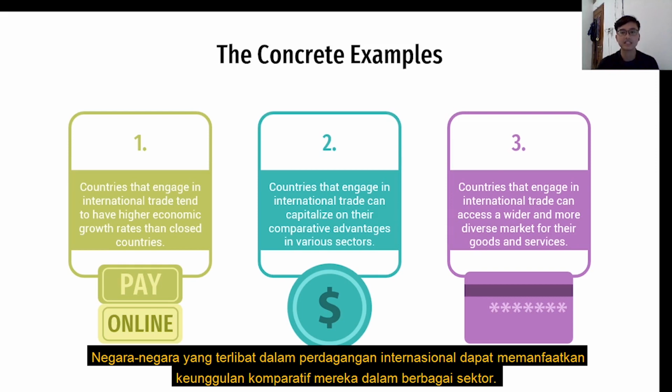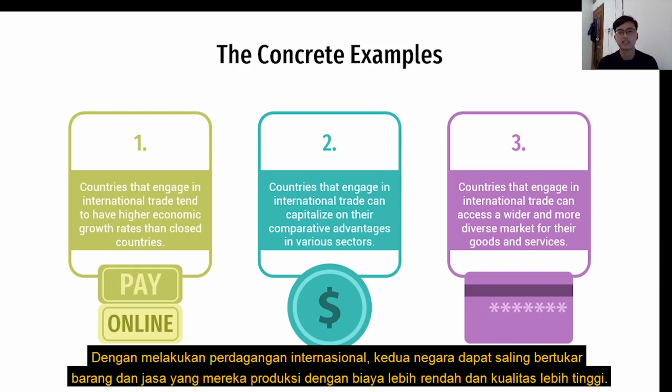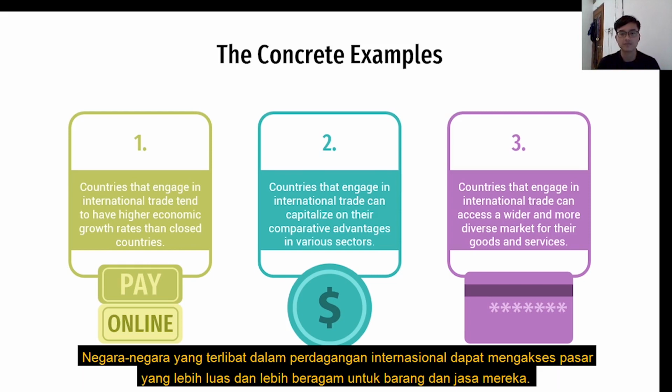Countries that engage in international trade can capitalize on their comparative advantage in various sectors. For example, Indonesia has a comparative advantage in the production of palm oil, coffee, and rubber, while Japan has a comparative advantage in the production of electronics, automotive, and robotics. By engaging in international trade, both countries can exchange goods and services that they produce at lower costs and higher quality.